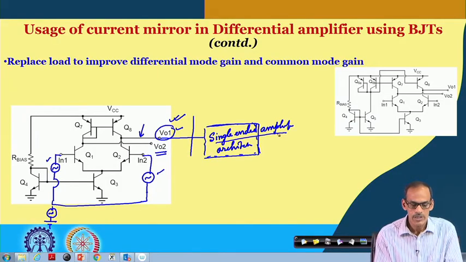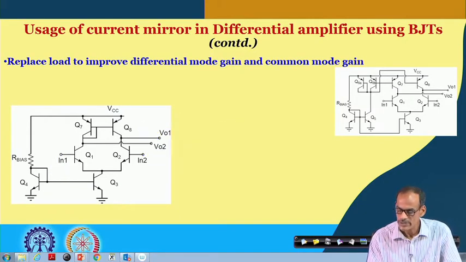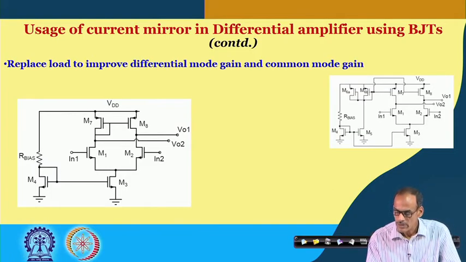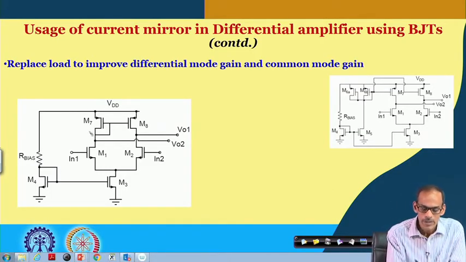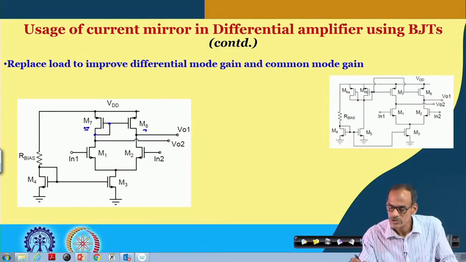So, similar to this BJT, we also have the MOSFET version, where we can replace the active load by an active current mirror load. So, in the next slide we have that circuit. As you can see here, transistor 7 and transistor 8 form a current mirror, similar to the previous BJT version. Sorry, this should be MOSFET.